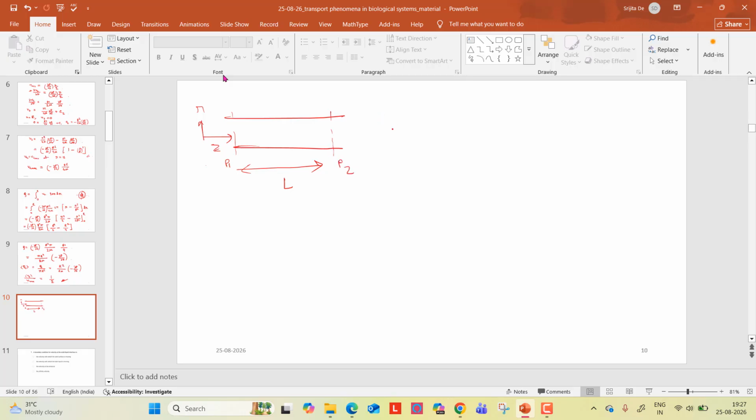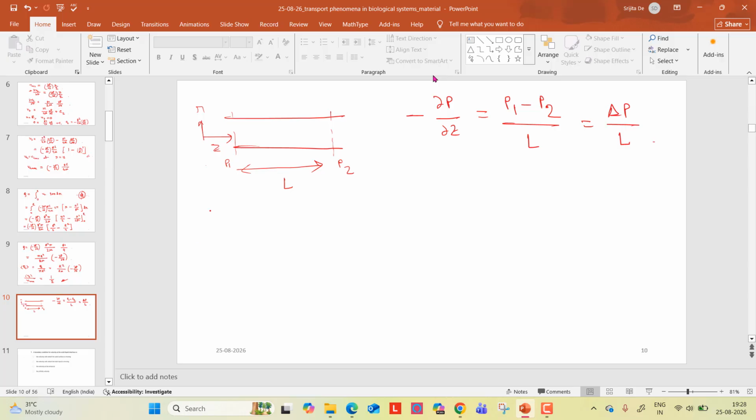So P1 is greater than P2, that is why the flow is happening, right? So your minus delta P delta Z is P1 minus P2 by L. This is your delta P by L, right?